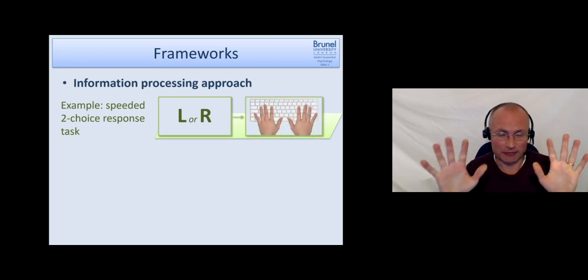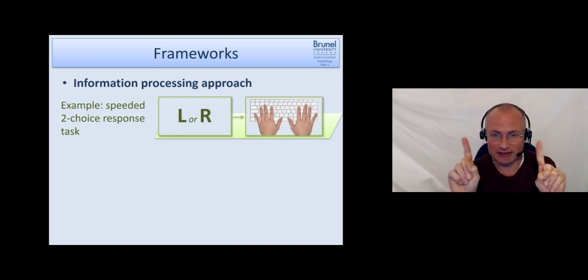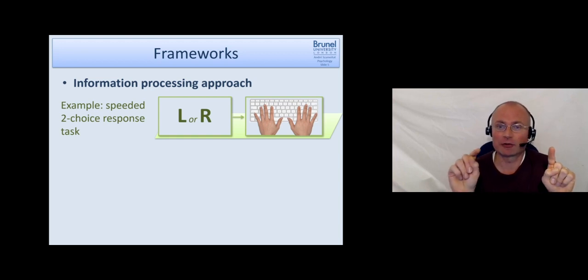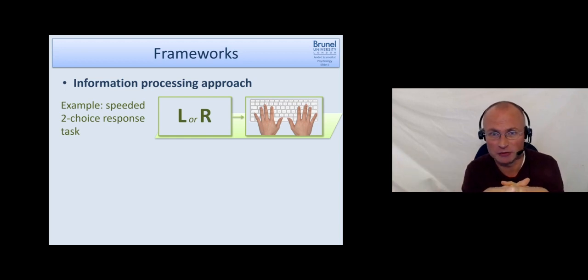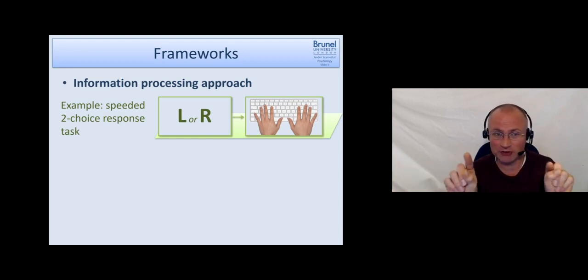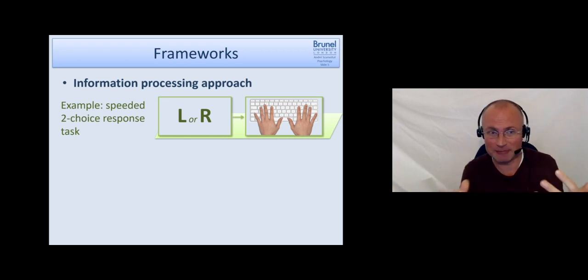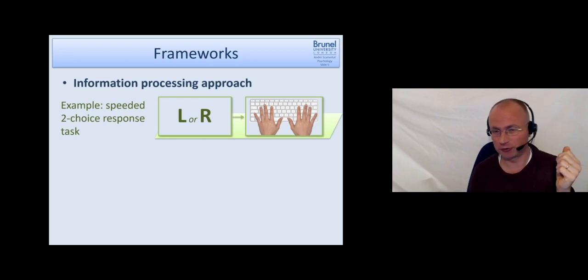They have their two hands on the keyboard and have been assigned two fingers to press. When they see L on the screen, they press the left button, and if they see R on the screen, they press the right button. Again, like in Sturmark's experiment, as quickly as possible. So participants have two choices, and they should respond in a speeded fashion. That's where the name comes from, speeded two-choice response task.